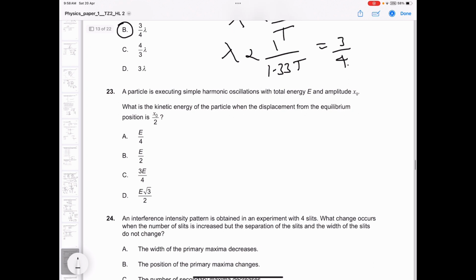Okay, so next one, simple harmonic oscillations, total energy E. What's the kinetic energy of the particle when the displacement from the equilibrium position is x naught over 2? So we need to know our kinetic energy formula here, which of course is half m omega squared, a squared minus x squared.